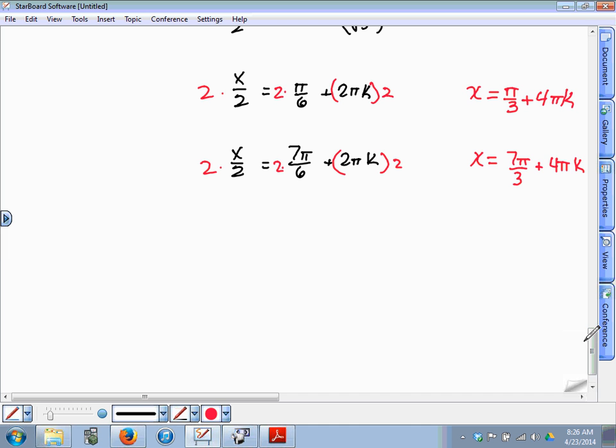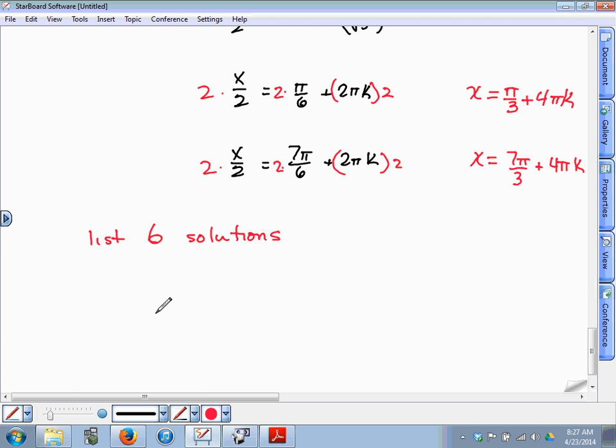All right, you guys ready for this? I'm going to add an additional piece onto this problem. List all solutions. Tell me 6 of the solutions.